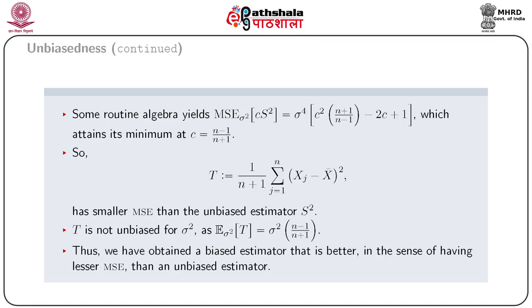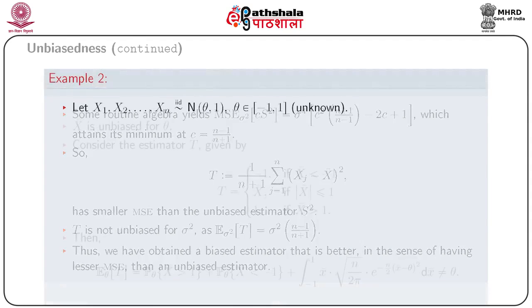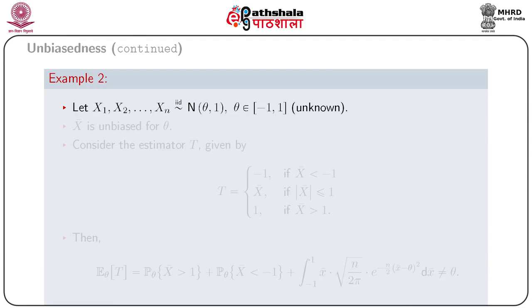Hence, T is a biased estimator of sigma square having smaller MSE than the unbiased estimator S square of sigma square. Consider another example.